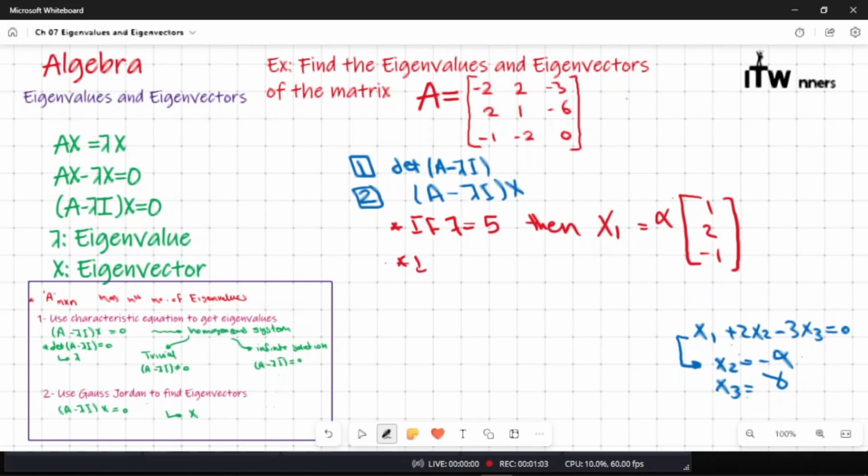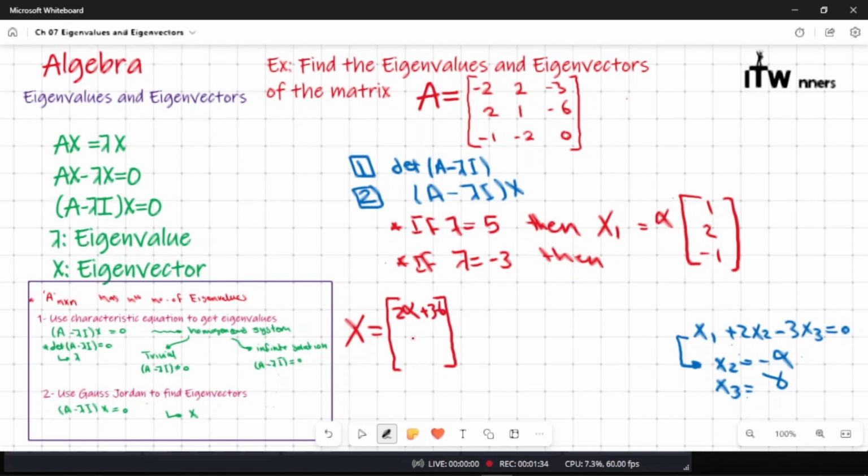If lambda equal to negative 3, then we have here x equal to, from here x1 equal to 2 alpha plus 3 gamma.